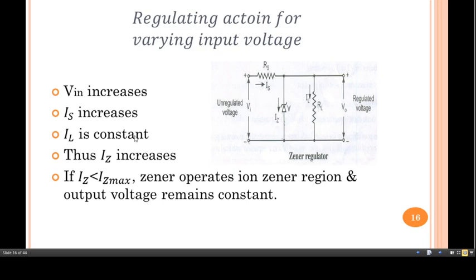Similarly, IL is constant, so Iz will decrease, and as long as Iz is greater than Iz min, the Zener will operate in the Zener region and the output voltage will remain constant. In this way we will get the regulated voltage at the output terminals. So this is the regulating action for varying input voltage.